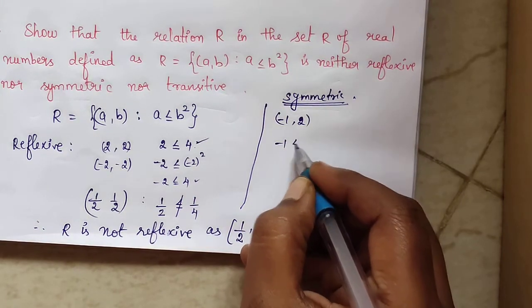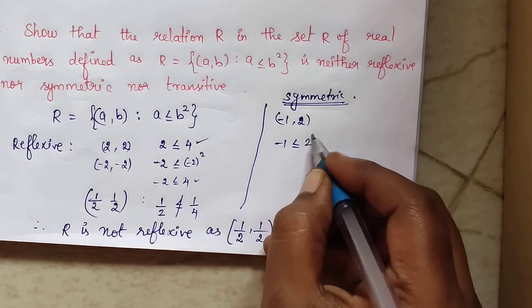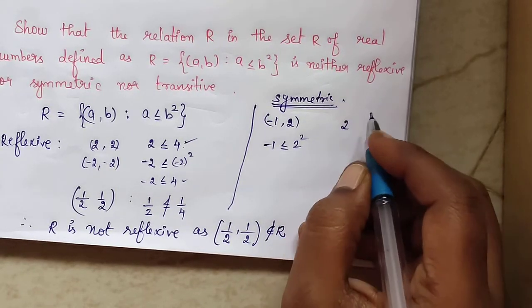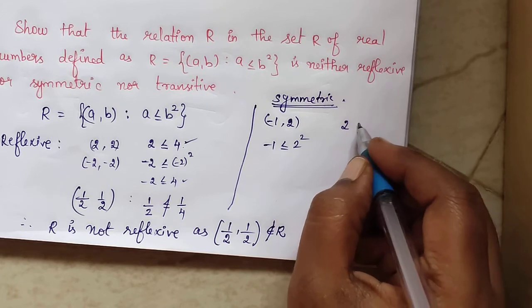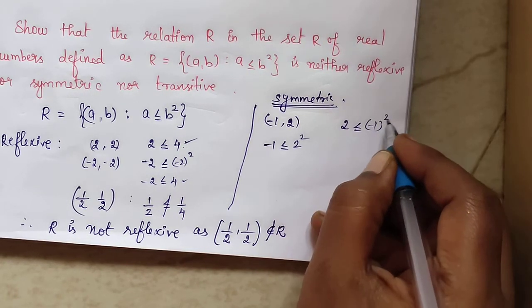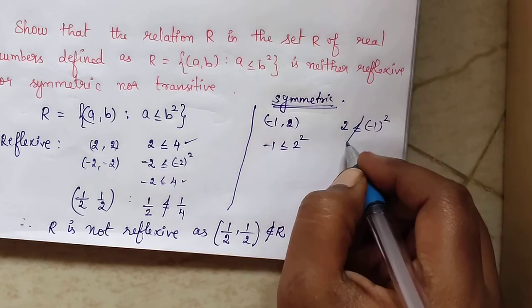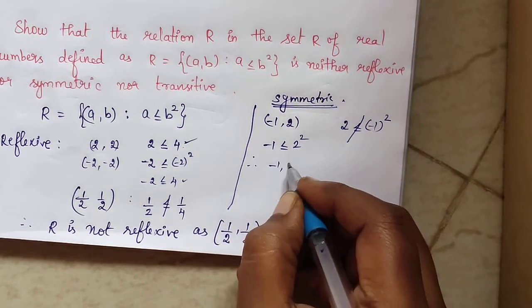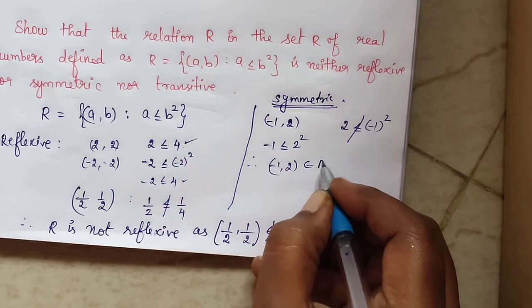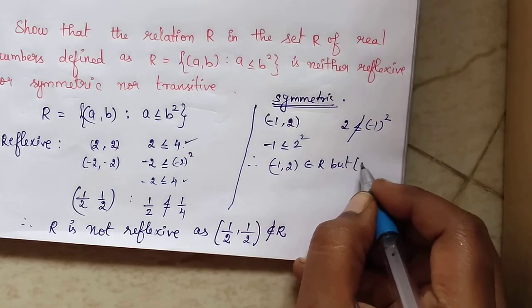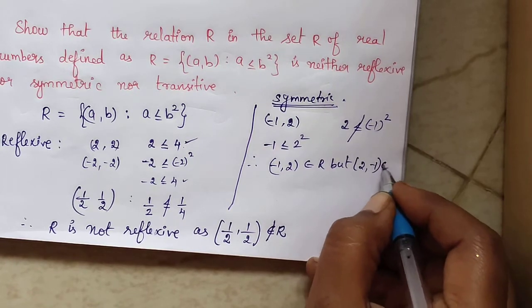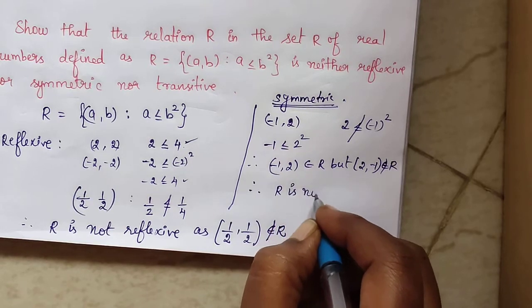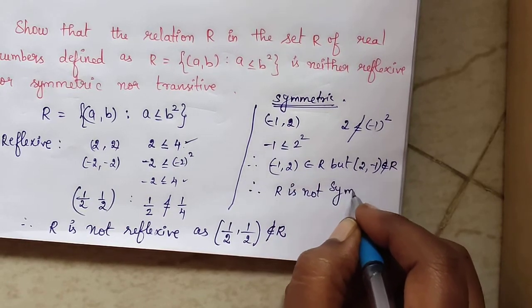Now minus 1 is less than or equal to 2 squared, so this is greater and it satisfies. Next, 2 less than or equal to minus 1 whole squared. Does this condition satisfy? No, this is not satisfied. Therefore minus 1, 2 belongs to R, but 2, minus 1 does not belong to R. Therefore R is not symmetric.